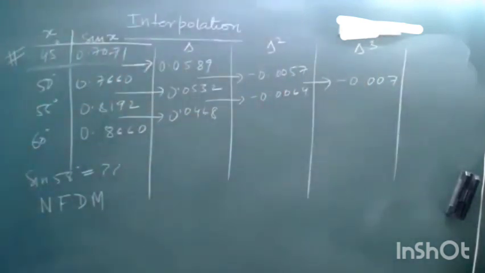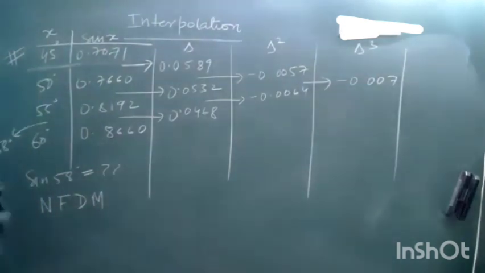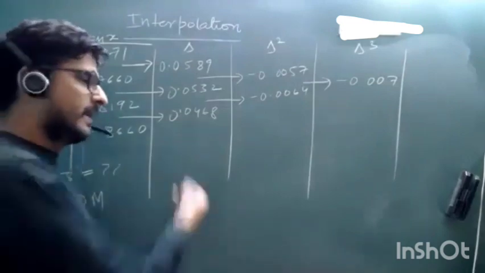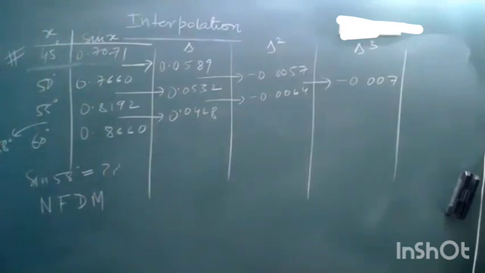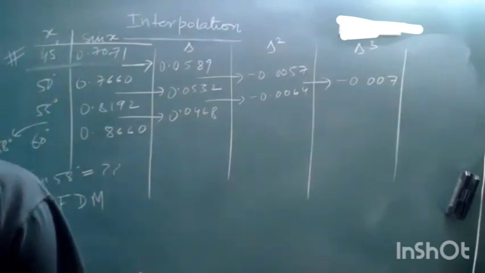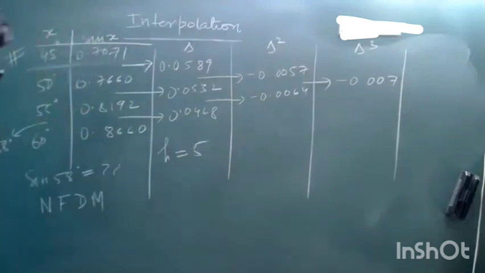You have to use the forward difference method, even though the value is here, na? 58. So logically it should be backward, but they have given forward, so what we have to do? We will directly use forward, no problem. So what is the value of h here? कोई बता सकता है? 5. 5.